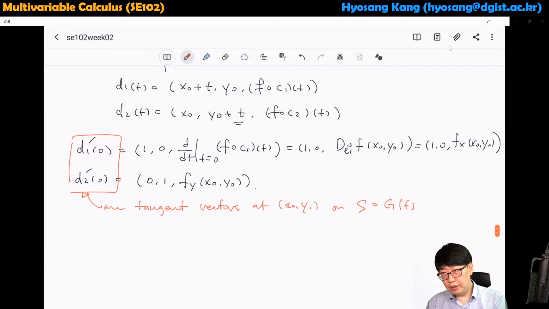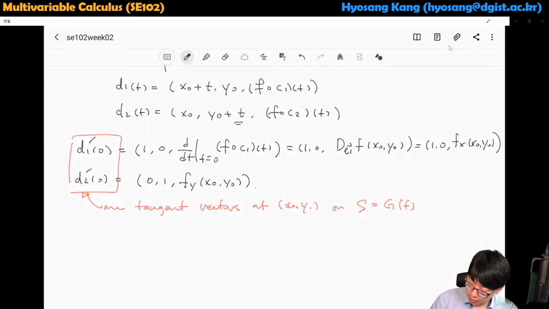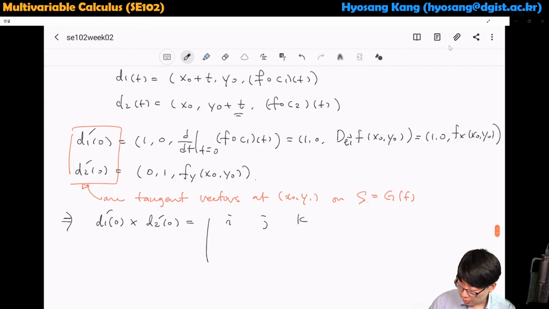Now what we have to do is find a normal vector, orthogonal to the tangent plane. How do we get that orthogonal vector? You can take the cross product of D1' and D2'. By definition, we have D1' equal to (1, 0, fx) and D2' as (0, 1, fy).